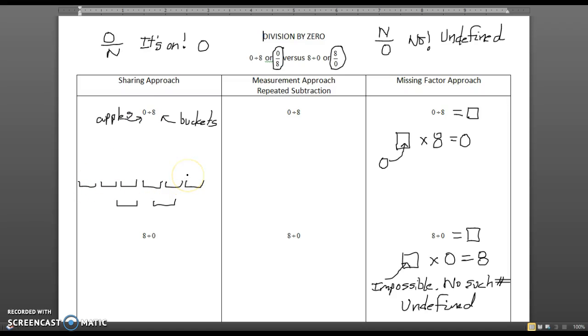I'm done, right? If there's none to share, I don't really have any work to do, but I can give an answer. Because remember, the quotient is the number of apples per bucket, and that is 0. So there's where my 0 answer comes from.